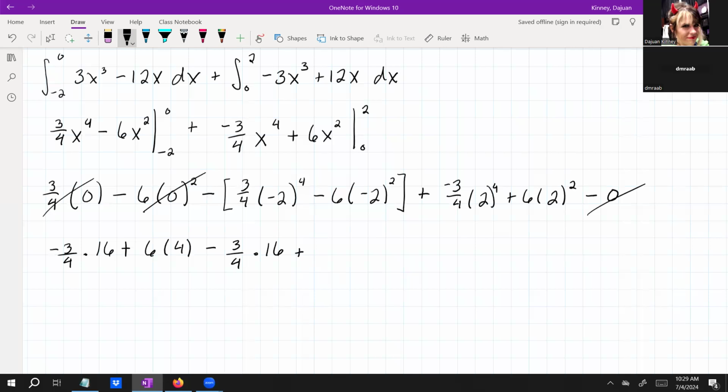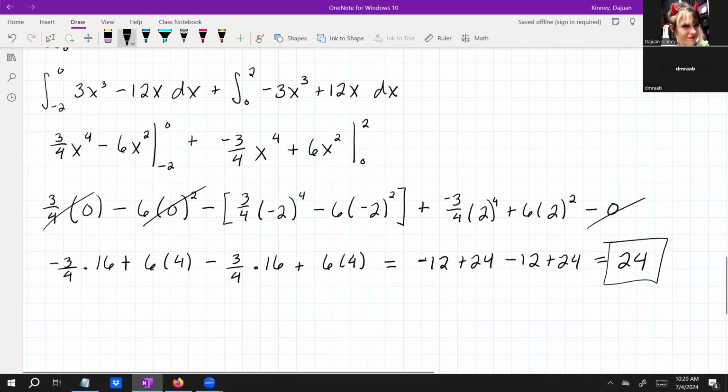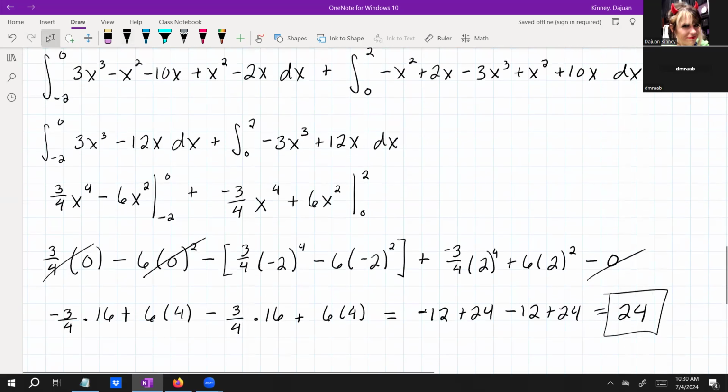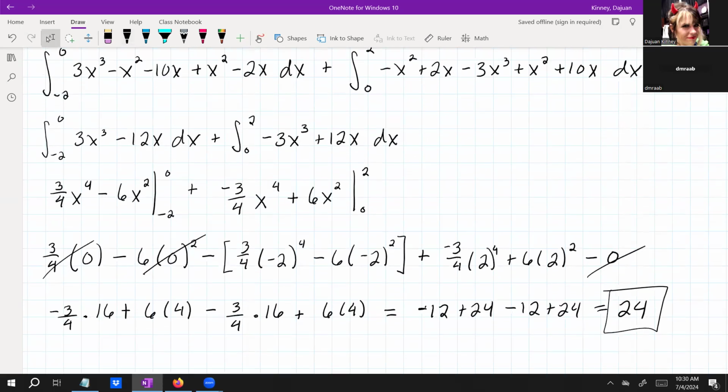There it is. 6. A lot of math to get 24. Did I forget to write the end? I did. Sad. Okay, so that's this section.